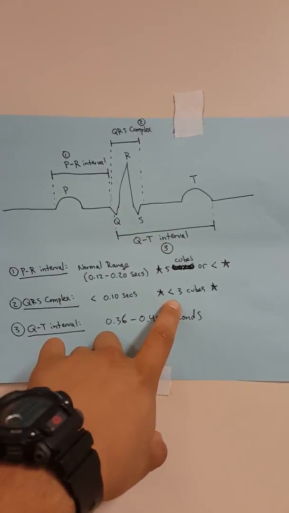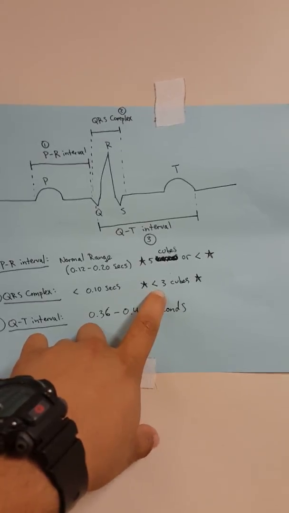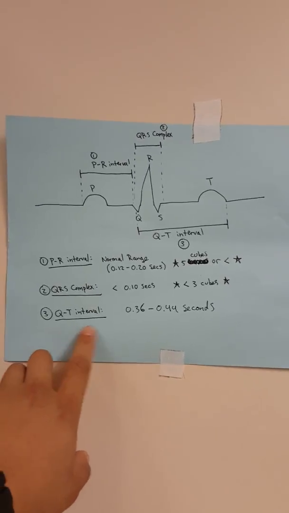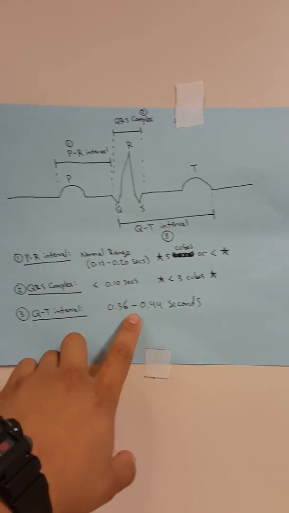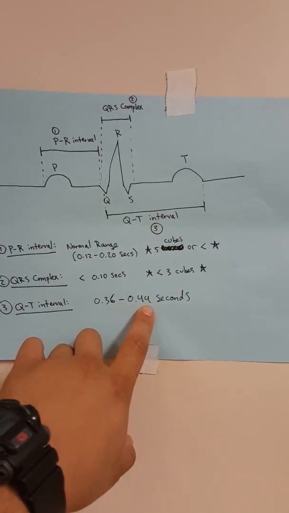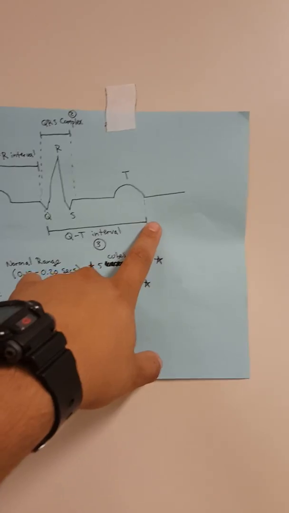I like to think about it as less than 3 cubes. It's actually 2.5 cubes, but I say 3. Okay. As for the QT interval, the normal range is 0.36 to 0.44 seconds. QT interval here, ventricular contraction to ventricular repolarization.